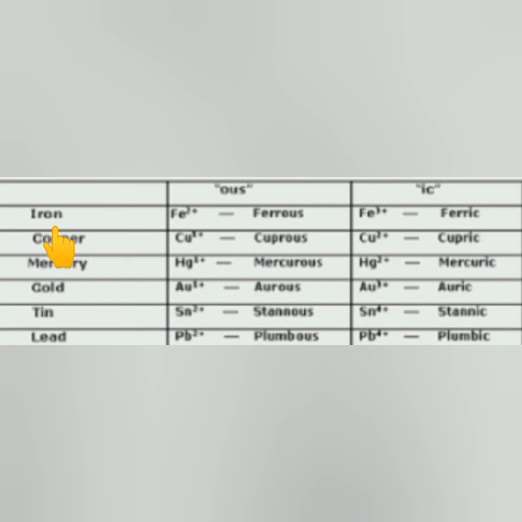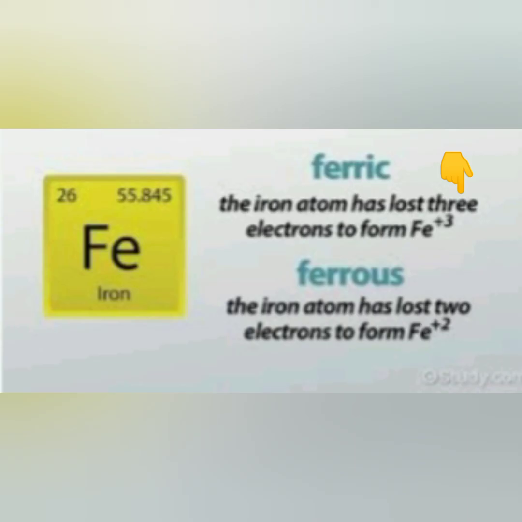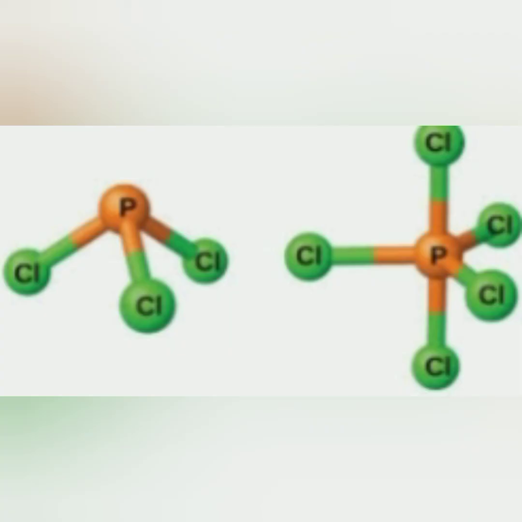The lower valency +2 is written as ferrous, okay, and the higher valency +3 is written as ferric. In the modern method, they are represented as the ferrous ion, Fe in bracket 2, and the ferric ion, Fe in bracket 3. Now the second example: in the case of a non-metallic atom, the number of other atoms attached determines its valency. For example, phosphorus is a non-metal which has valency 3 and 5. It forms compounds with chlorine, PCl3, phosphorus trichloride, and PCl5, phosphorus pentachloride.